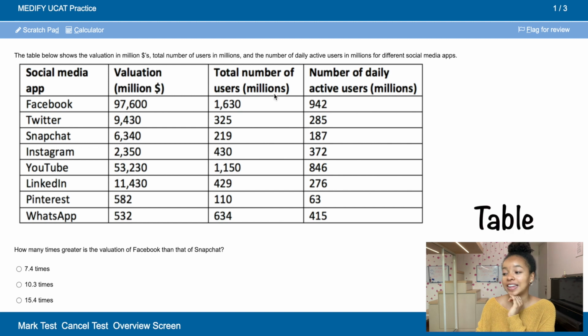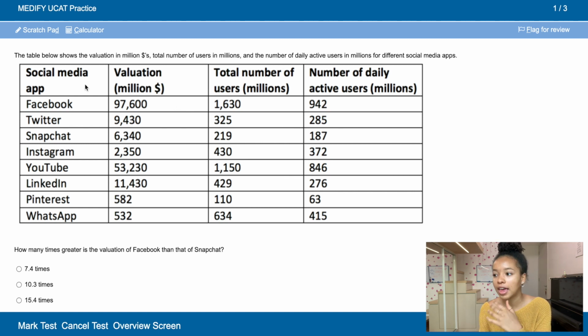The first question is a table question, because table questions come up quite often in the UCAT, and this is just a simple table question. The way that I approach these types of questions is that I read the prompt first, just to get the rough context of what the table is about. Then I read this part of the table and this part of the table. I really skim through just to see what type of things are inside.